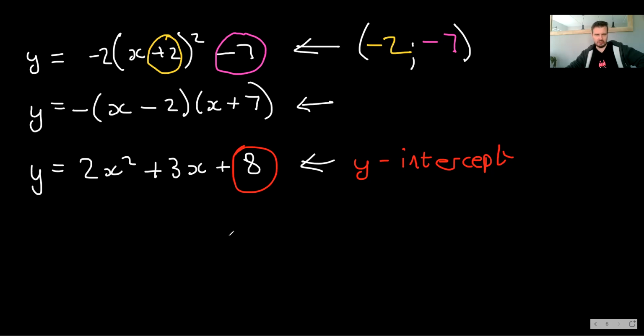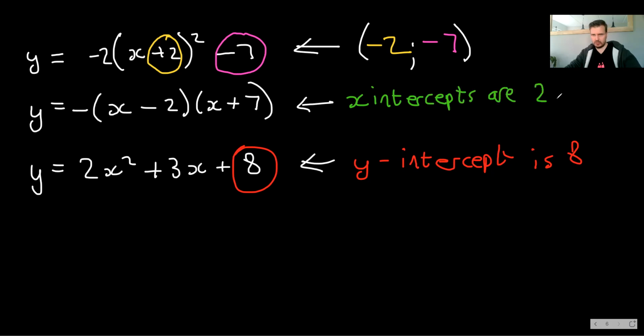And then this final thing tells you your X-intercept. Fantastic. So that would be X +2 and X -7. Good. 2 and -7.